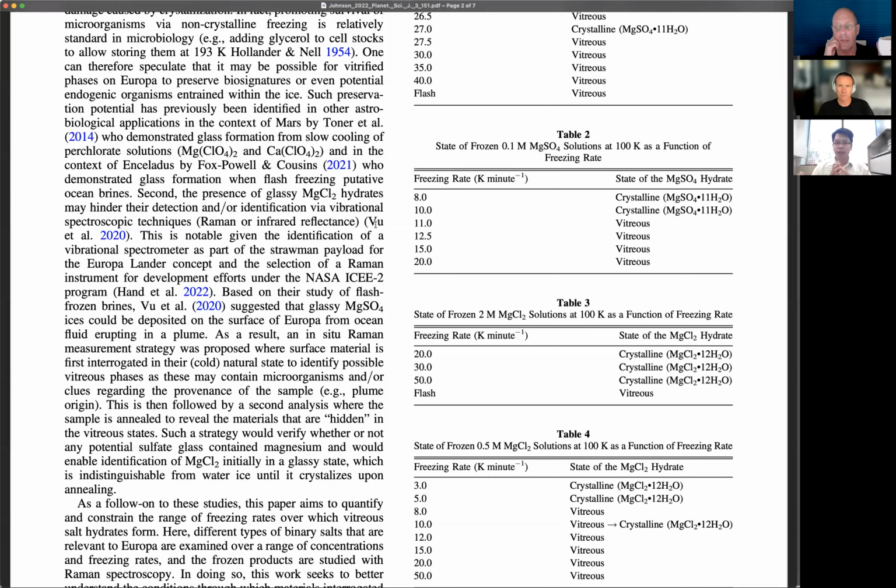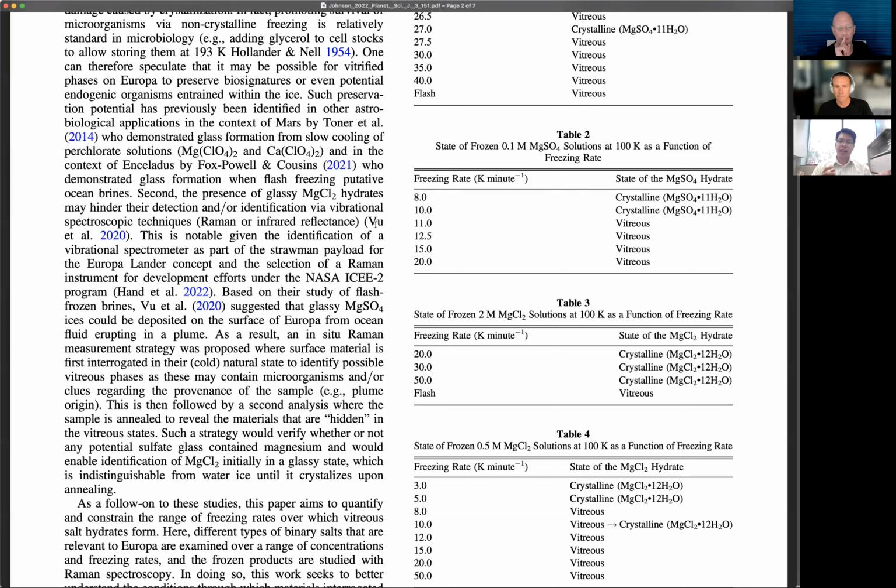Just one note to add to what Paul was mentioning: the reason we use Raman spectroscopy to study this glassy material is that it's arguably one of the most sensitive techniques for this kind of application. Raman is a complementary technique to infrared, in the sense that it probes the vibrations of the molecules in a certain chemical environment.